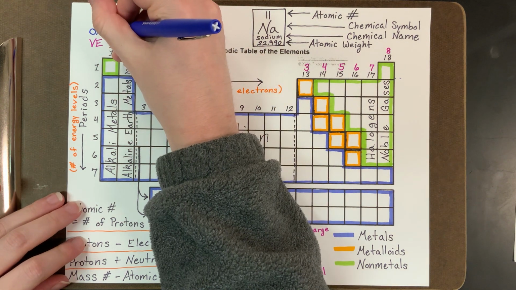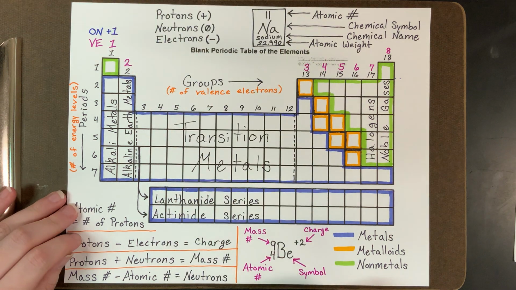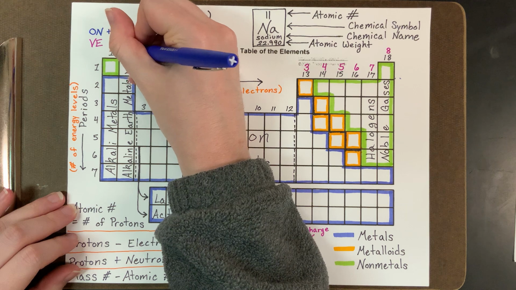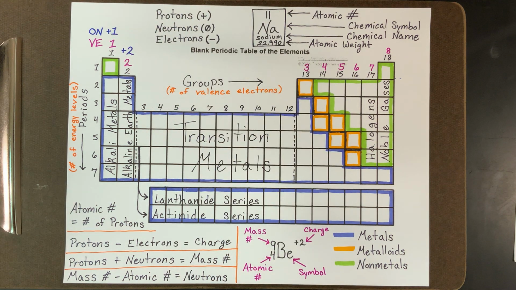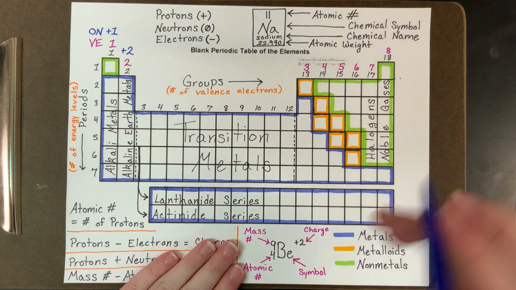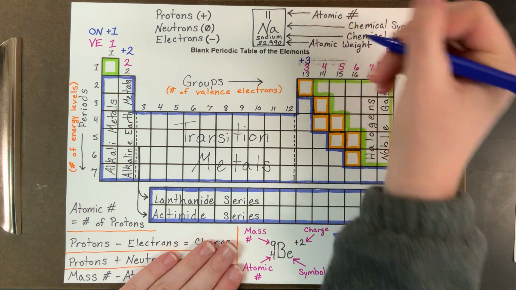So if I lose 1 valence electron, I am left with a +1 charge. Group 2 is going to lose 2 electrons, so it has a +2 charge. We said we were skipping the transition metals, so jumping to group 13 with 3 valence electrons, we'll have a +3 charge.